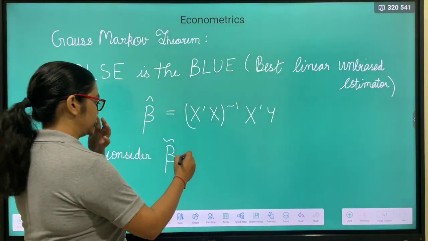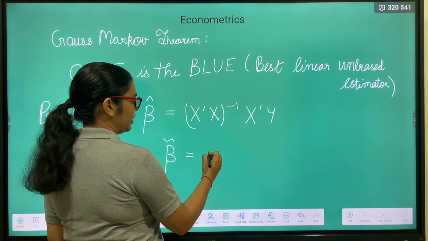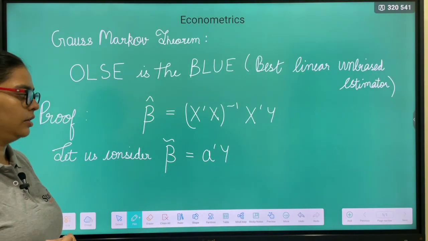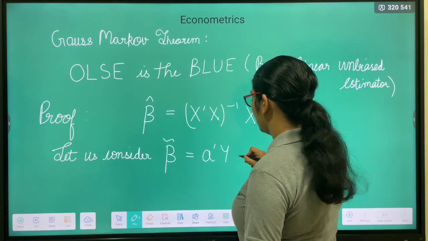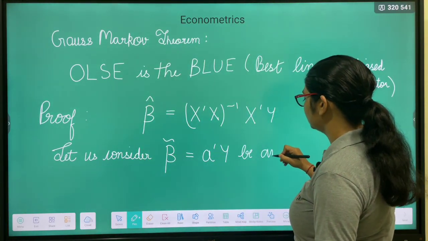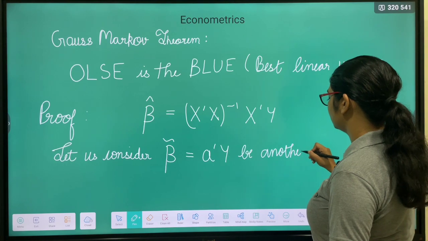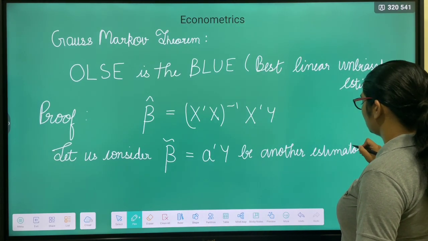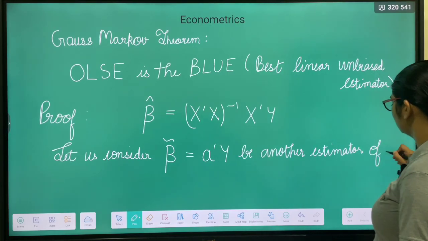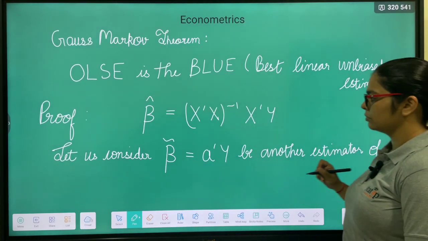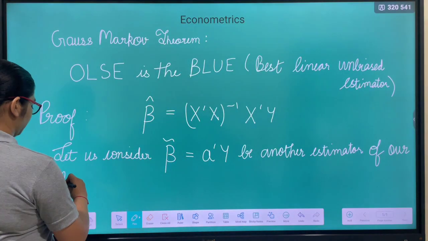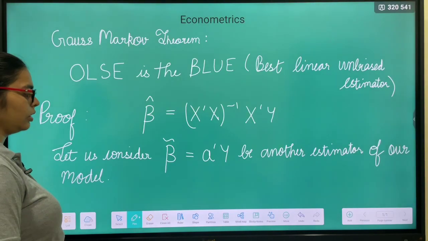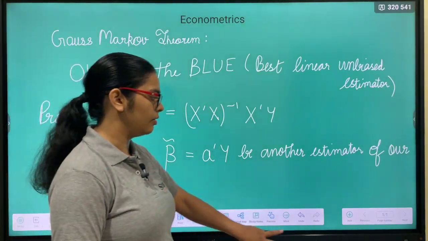Beta curl is equal to a'y, where a' is any constant. So beta curl, a'y, is another estimator of our model.